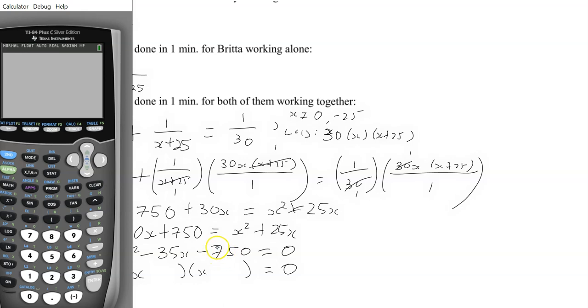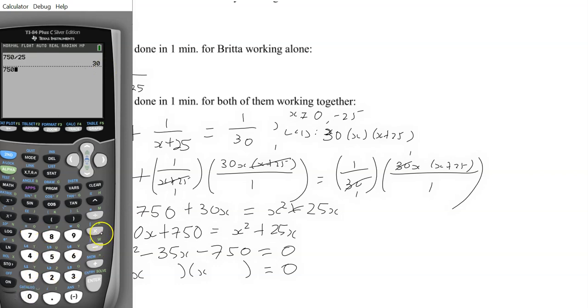So what goes into 750? Let's try 25. 750 divided by 25. So remember, the two numbers I have to differ by 35, right? And so 25 and 30 don't differ by 35.